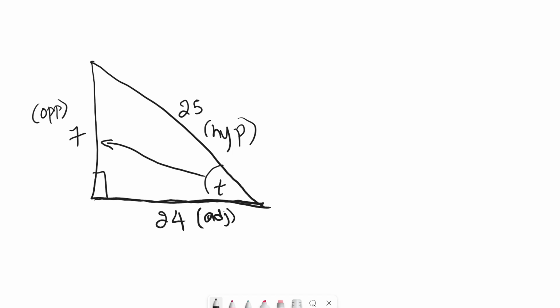So if I want to find, let's say, sine of T, recall sine is opposite over hypotenuse. So sine of T is my opposite side, the one facing T, which is 7, over my hypotenuse, which is 25.